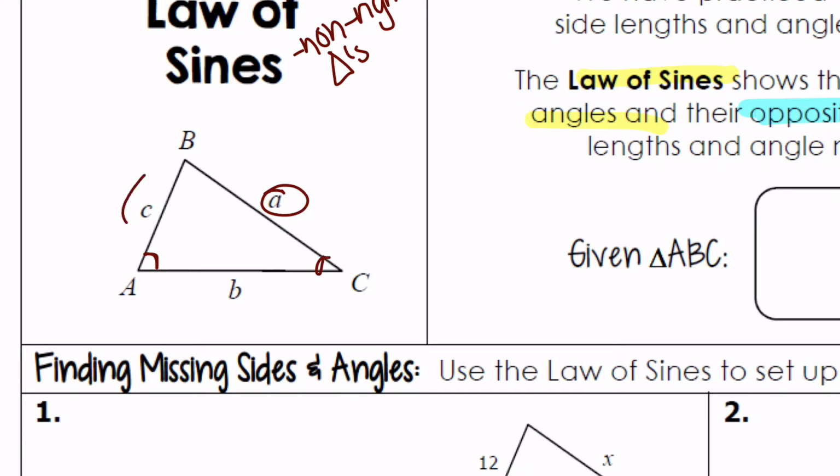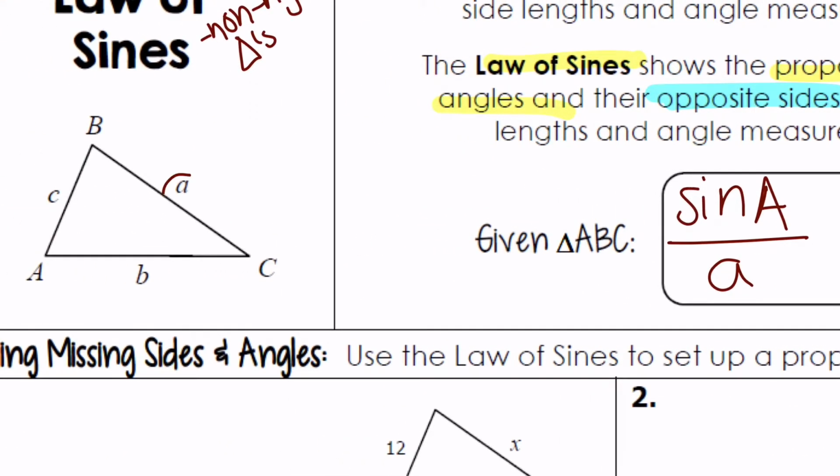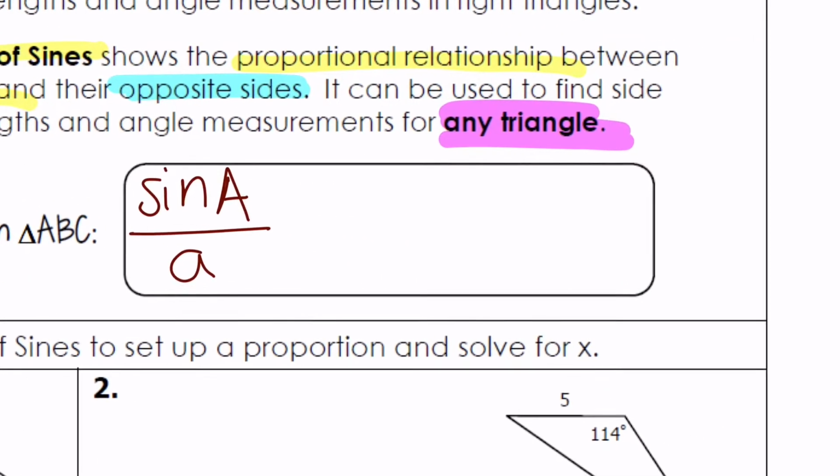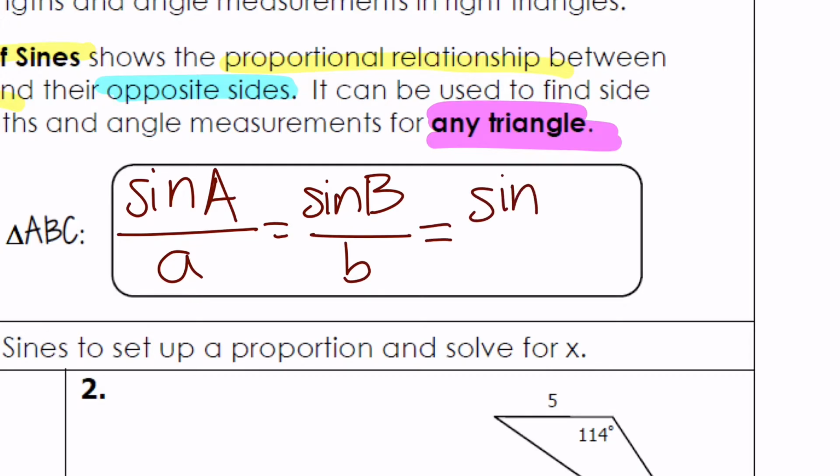Angle C, its opposite side is lowercase c, and same with B. So given triangle ABC, the sine of angle A over its opposite side, a, is equal to the sine of angle B over its opposite side, b, which is also equal to the sine of angle C over its opposite side, c.